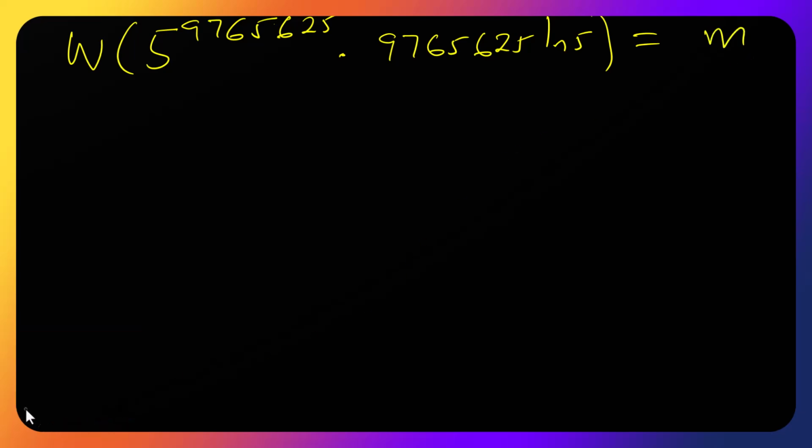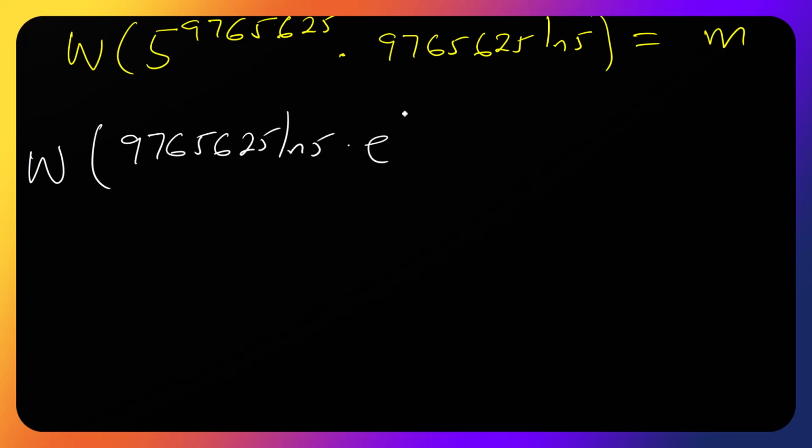Now from here we can support this one with the e. So we have W function, then write this one first, 9765625 ln of 5 times e raised to ln of 5 raised to 9765625, equals m.